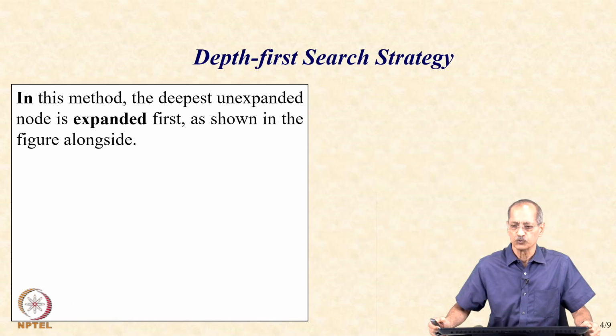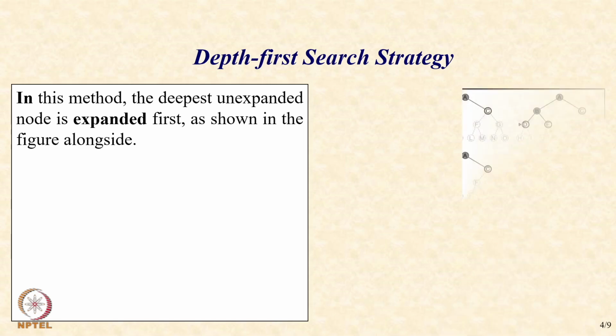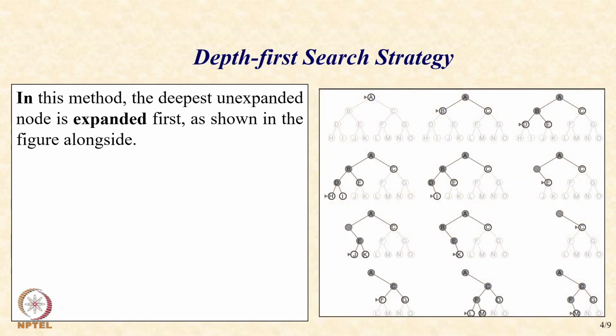As against these two, that is breadth first and uniform cost, we now have an alternative in the form of depth first strategy. In this, the deepest unexpanded node is taken up first, as shown in the figure alongside. So, again we have a tree.